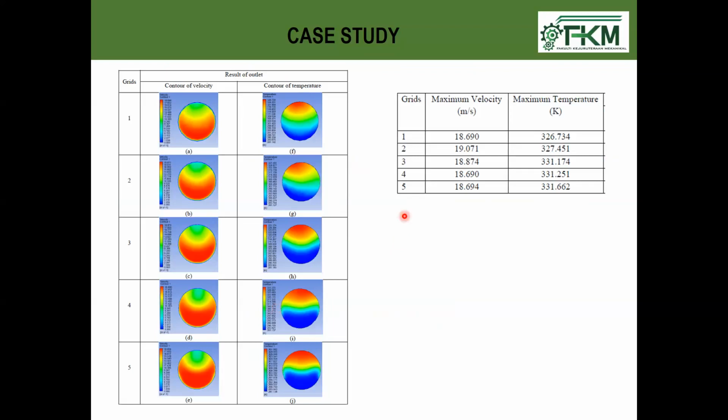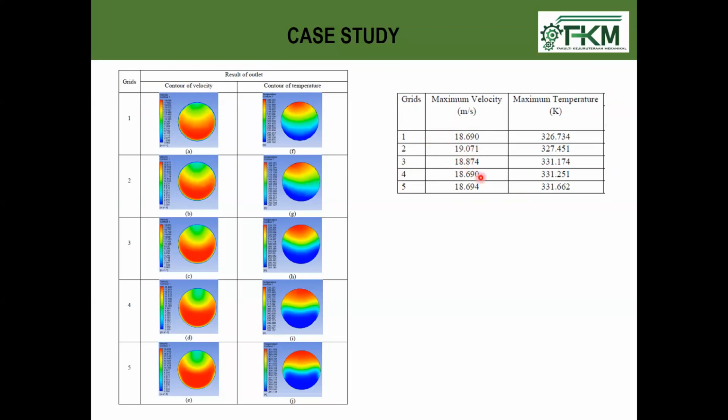Okay, that is how we look at the contour. Now, quantitatively based on value, we make a table like this, and we state down whatever values we need. For example, maximum velocity is 18 meters per second for grid number 1, 19.071 for grid number 2, and so on.